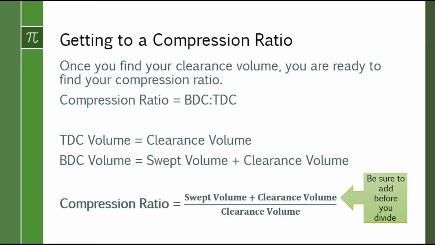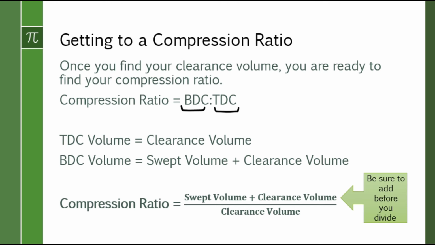Okay, so back to how we're going to find this compression ratio. So you need to find the clearance volume, and then you are going to find your compression ratio. So compression ratio is the big number, the volume at bottom dead center, compared to the little number, the volume at top dead center. And you are going to do that math to get that kind of ratio to 1.